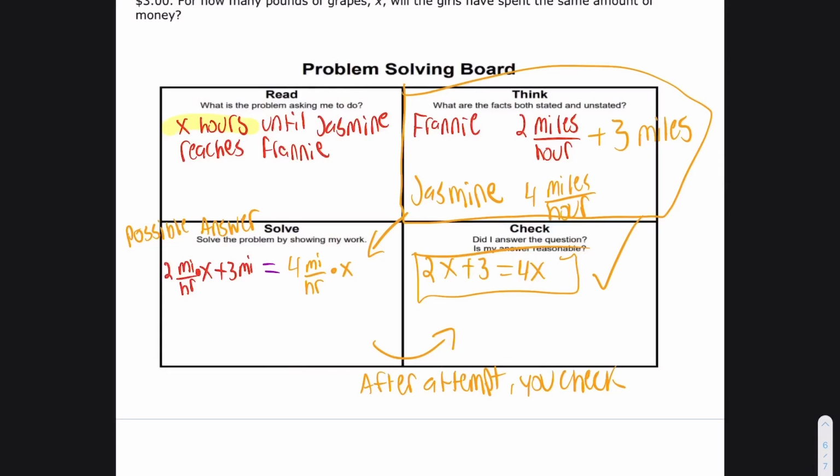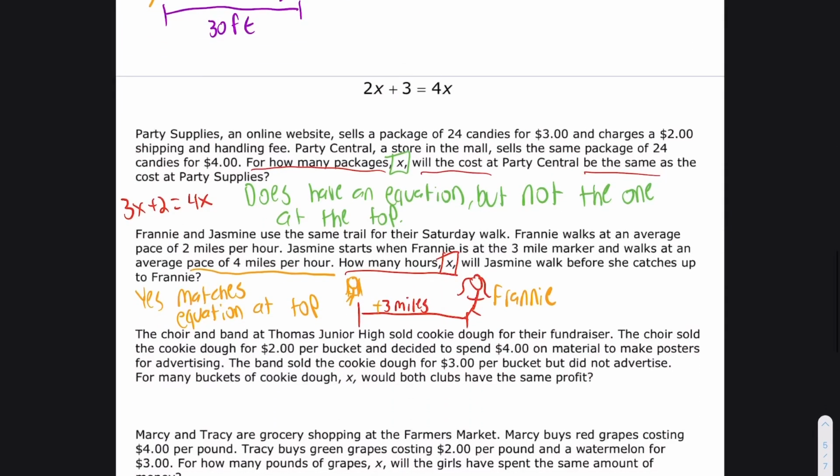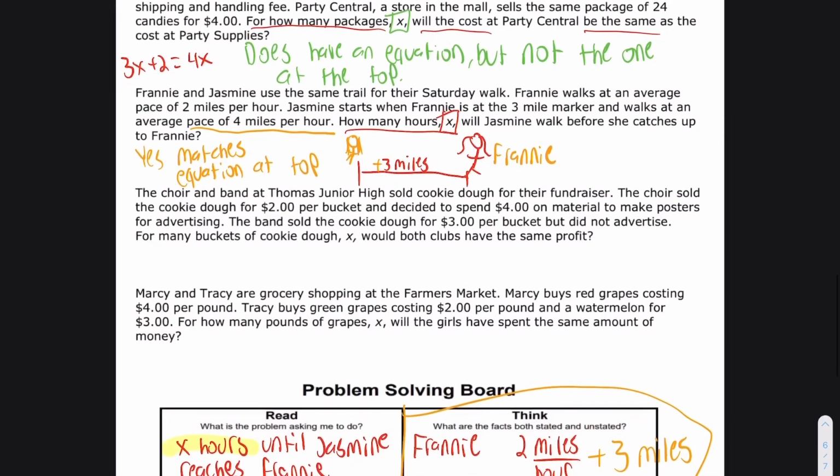If it makes some sense, then check it in the very fine details to see if it makes all of the sense. Because what we did with that first question, the party supply one, that one made some sense, but it just didn't match the question that we were actually asking, so it wasn't the one that we were looking for. This one, it made some sense with Franny and Jasmine, and it turned out that yes, it did match the equation at the top.